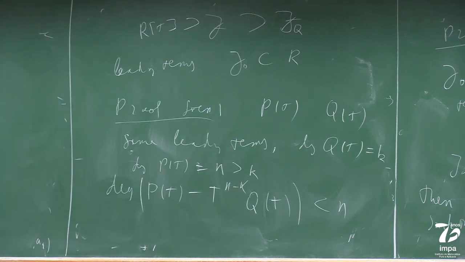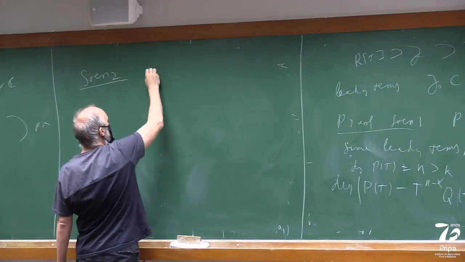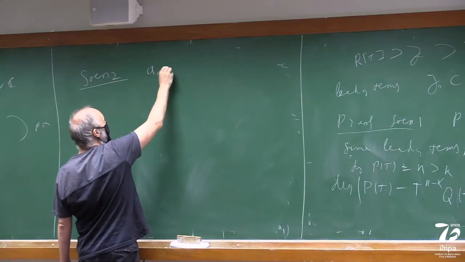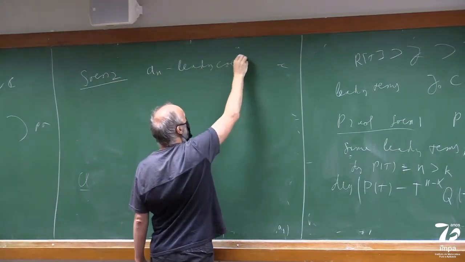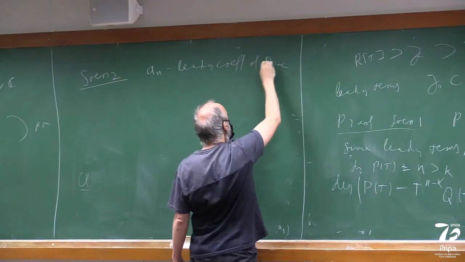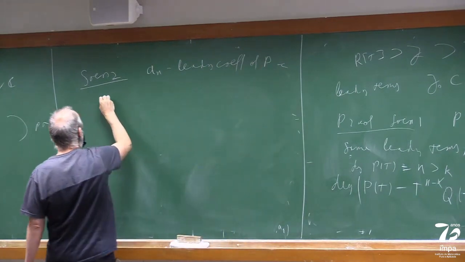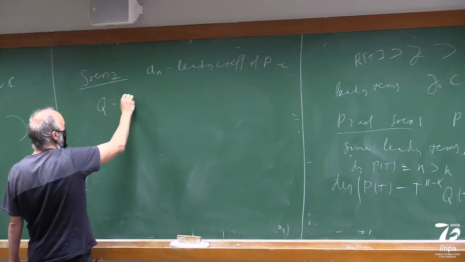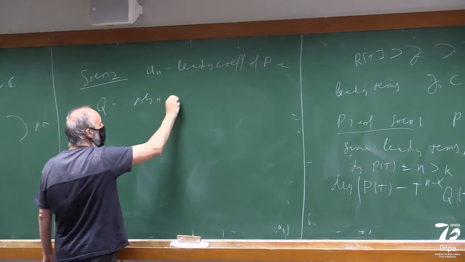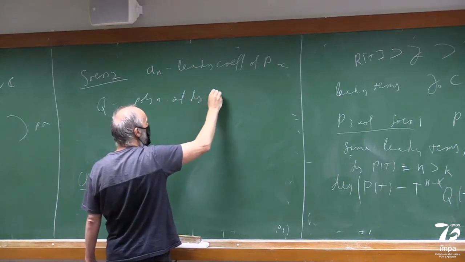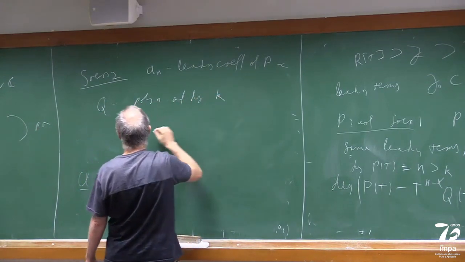So step 2. We take the leading term coefficient a_n of P, and we can take Q, a polynomial of degree k.